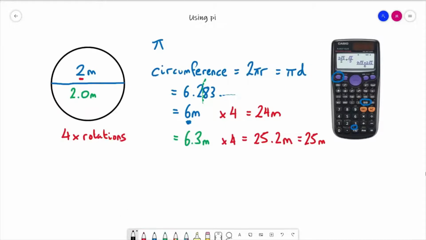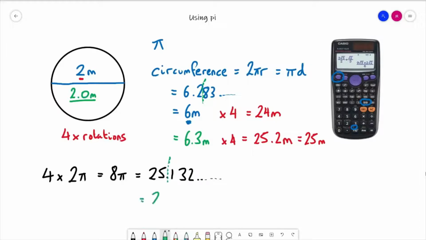So the calculation that we're doing is 4 rotations of 2 pi per rotation, which of course is 8 pi. And when we put 8 pi into our calculator, we end up with 25.132, etc. Now, when we round that to 2 significant figures using the 2.0 meter, we end up with an answer of 25 meters.